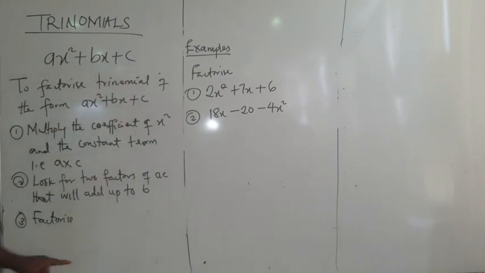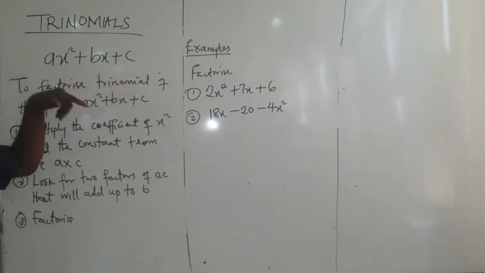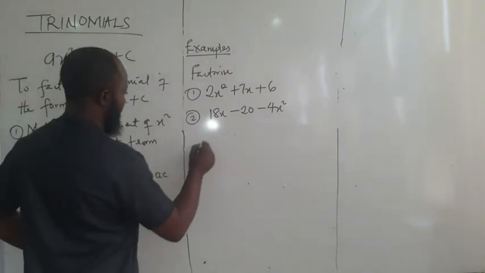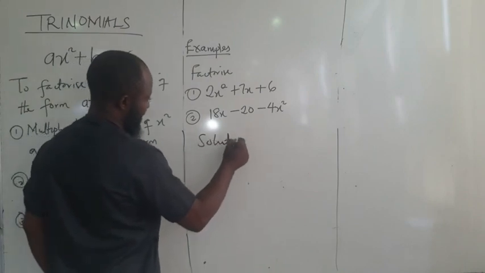C. Look for two factors of ac, that is the product. When you multiply, whatever you get, look for two factors that you can add up that will give you the value of what? B. So let's start with this example and see how we're going to go about it.